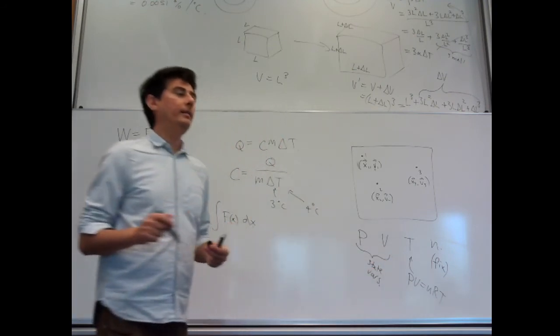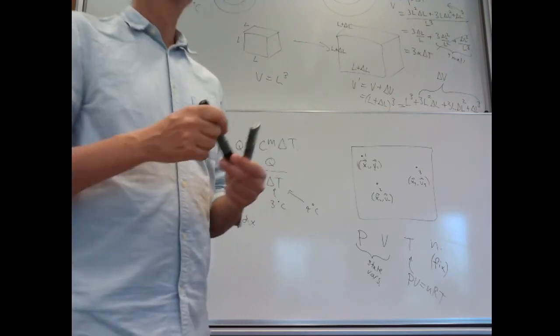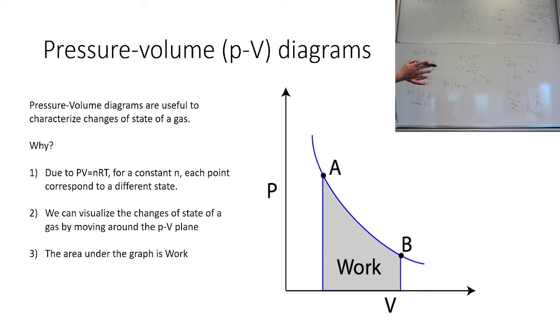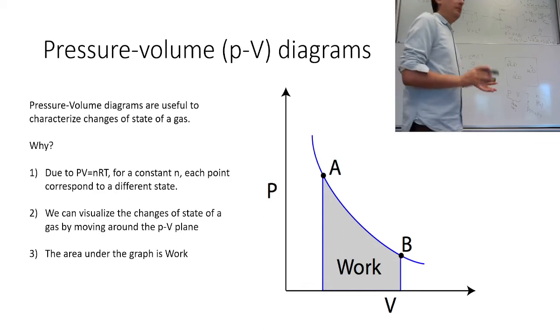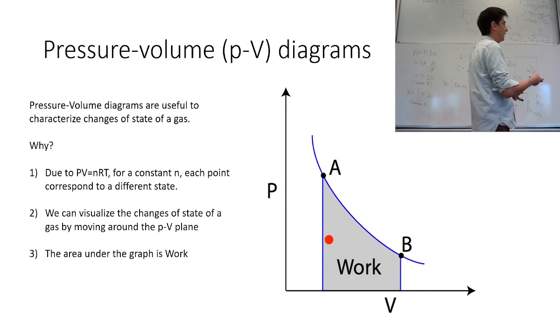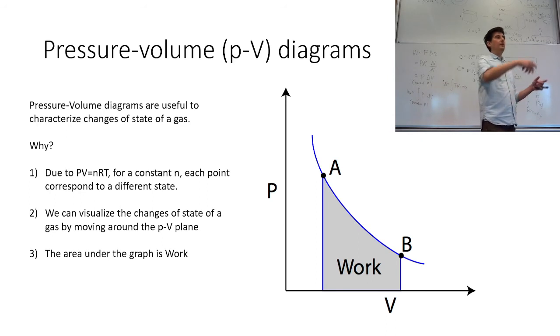And this is why the PV diagram is actually pretty useful, because the way that you can think of it is that each point in this PV diagram is a different state of the gas. It's not just merely a plot of going from this pressure to that pressure and that volume.